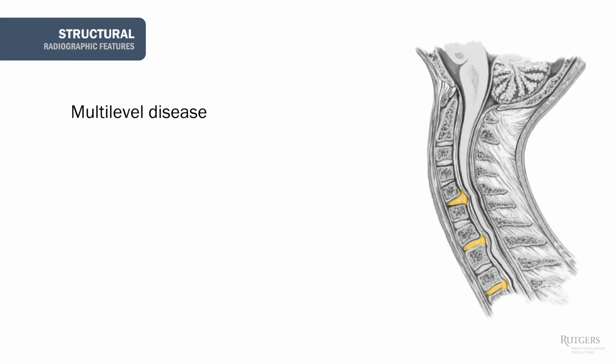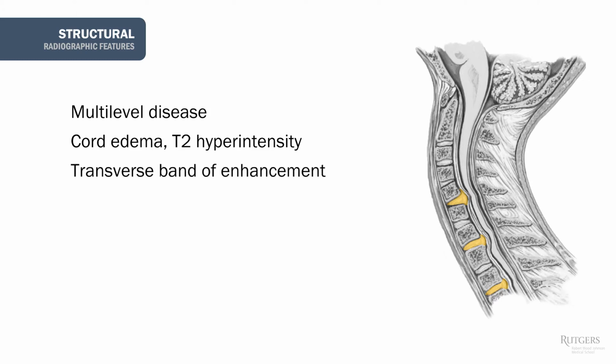Radiographic features are relatively straightforward. There's multi-level disease and narrowing of the spinal canal. Occasionally, the cord is swollen because of trauma from compression, and edema looks hyperintense on T2. In recent literature, an interesting sign emerged of a transverse band of enhancement in spondylosis patients.